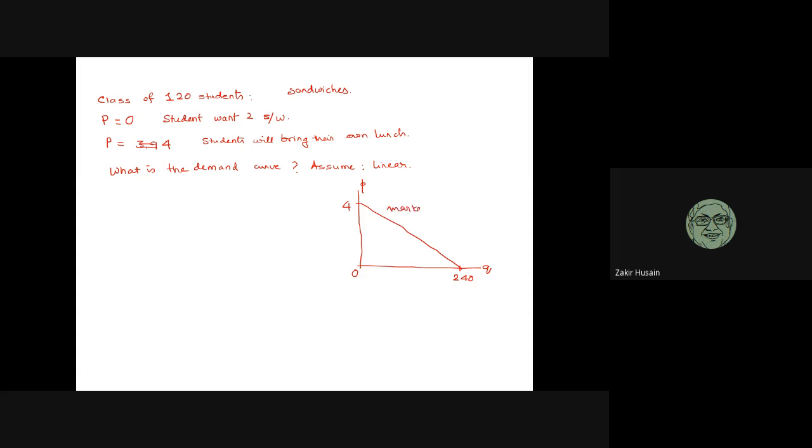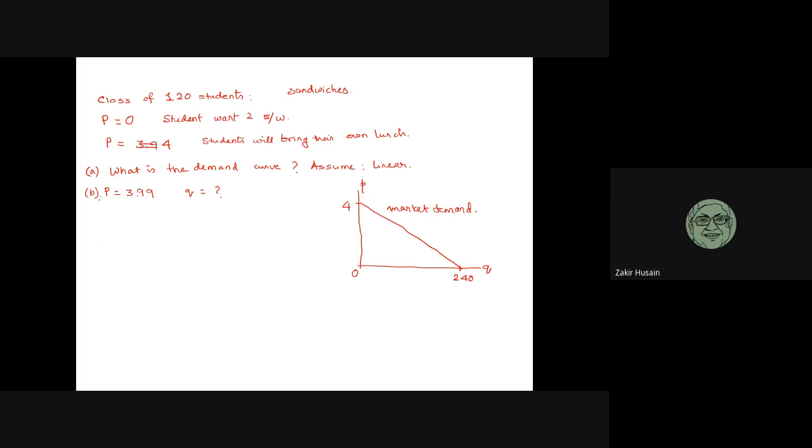Okay, now find the equation for this demand curve. And then tell me what is the demand when price is 3.99. Sir, when the price will be 399. Yes. Sir, then nobody will buy it, no?